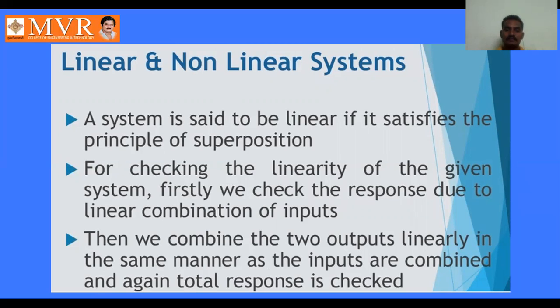Then we combine the two outputs linearly in the same manner as the inputs are combined, and again the total response is checked. So firstly we will add x1 plus x2, then y of t equal to a into x1 of t plus b into x2 of t, like this. So this is called a linear system.